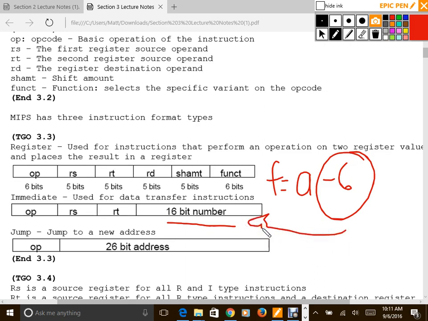So what we're going to do here, we're going to add -6. The compiler will make this -6 in the number, and we're going to add -6. The reason why that benefits us is because your control unit is based on taking that 6-bit opcode and the 6-bit function and decoding it.